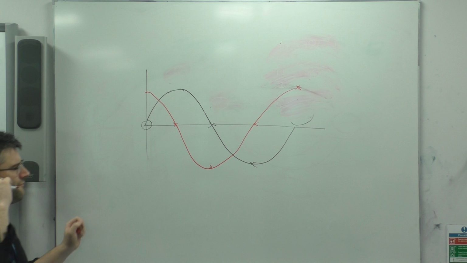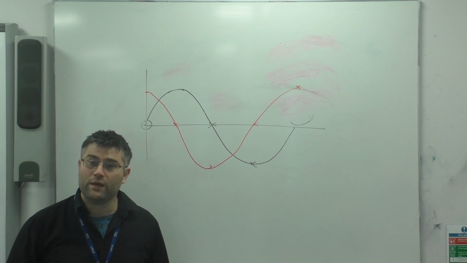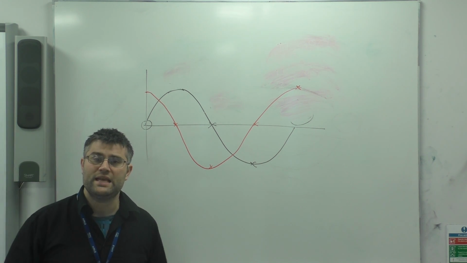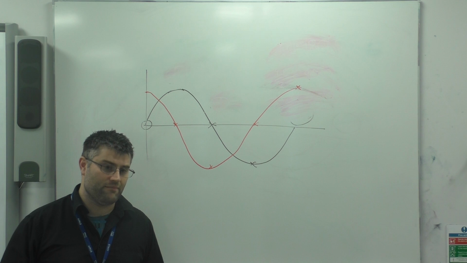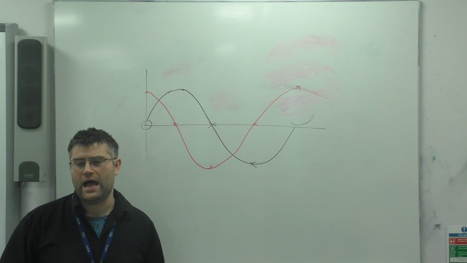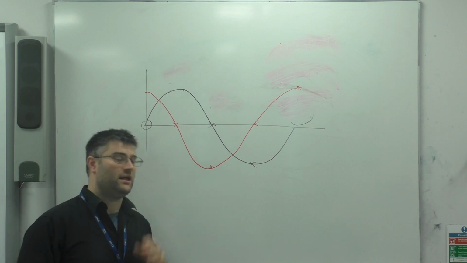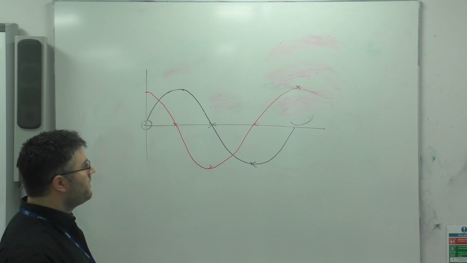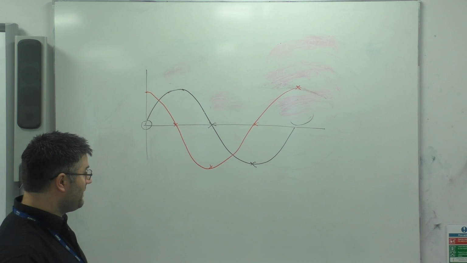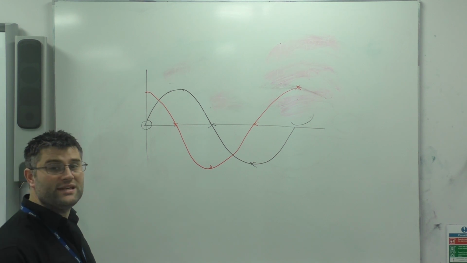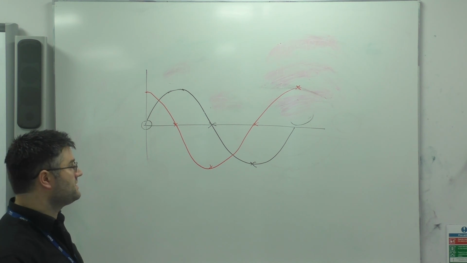Okay, so I've got two waveforms there. They are coherent. Coherent means they have a constant wavelength, and in this case they have a constant phase difference. They don't have a changing phase difference.